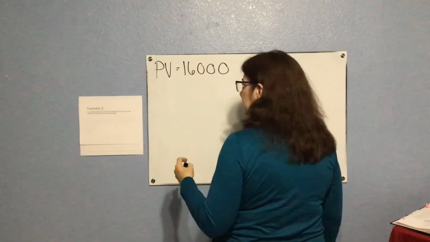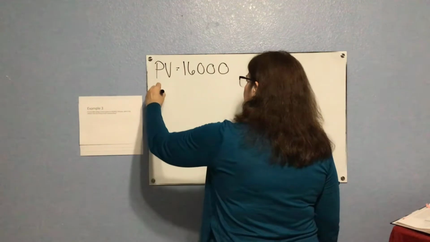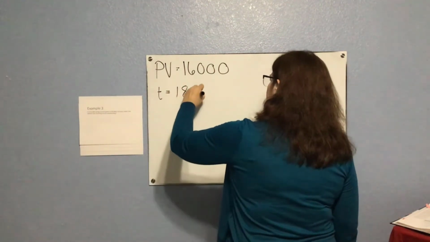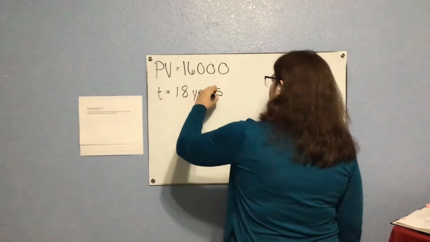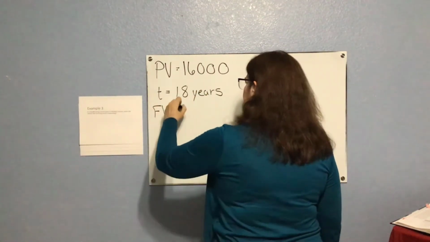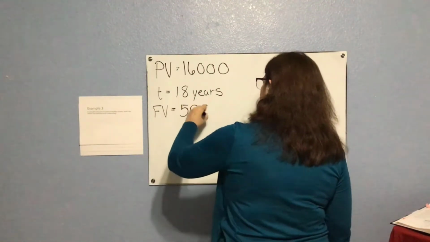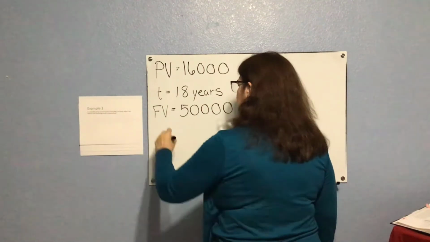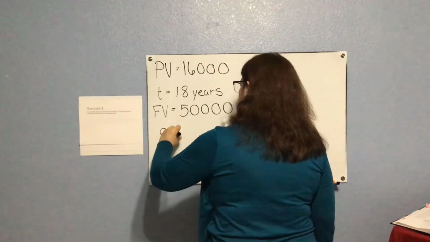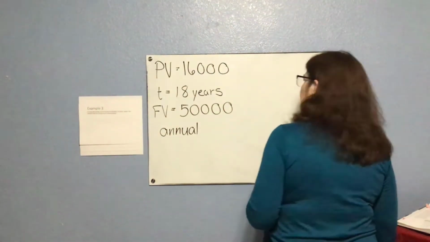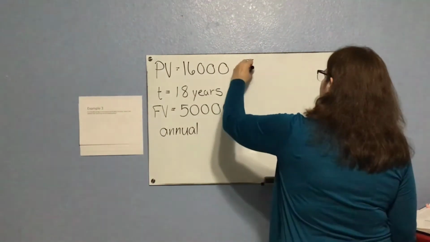We don't know our interest rate, but we do know that the time is 18 years. We know that our future value is going to be $50,000. And we're using annual compounding. Okay, so start with the same equation.